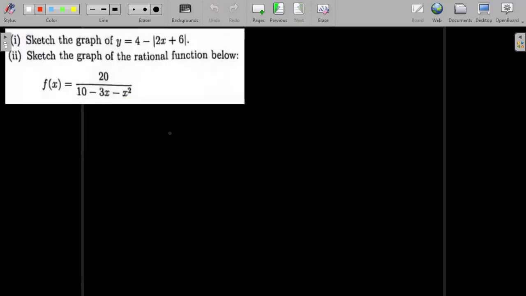Next, we have this question here, and it says sketch the graph y is equal to 4 minus modulus of 2x plus 6. So in order to sketch this graph, first of all, we can write this as y equal to negative modulus 2x plus 6, then plus 4 there.